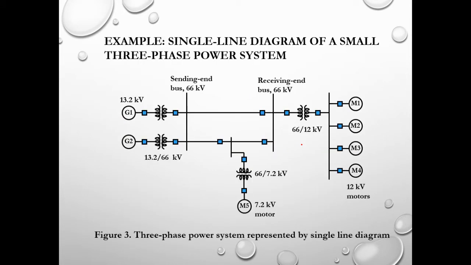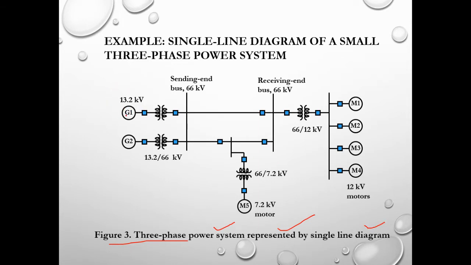Example, single line diagram of a small three-phase power system. So how to actually read this figure? The title: figure 3, three-phase power system represented by single line diagram. Basically this is the generation side.